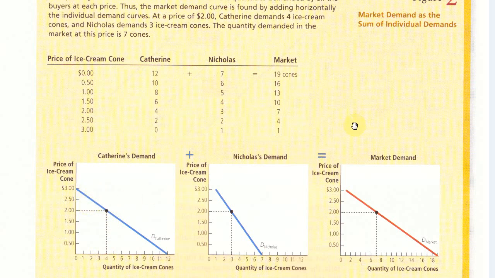You may see this here, right? At price 0.5, the demand is 10. Catherine's demand is 10, and Nicholas's is 6.